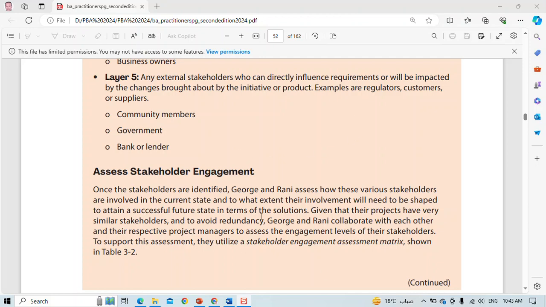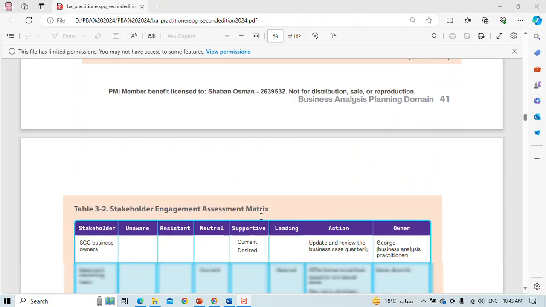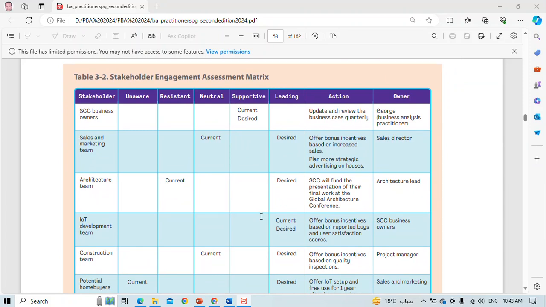They use a stakeholder engagement assessment matrix, where they put the stakeholder in the first column and classify the stakeholder according to 4 or 5 categories: unaware, resistant, neutral, supportive, and leading. After that, they put the action required to enhance the level of engagement, and the last column includes the person who will be responsible for taking this action.